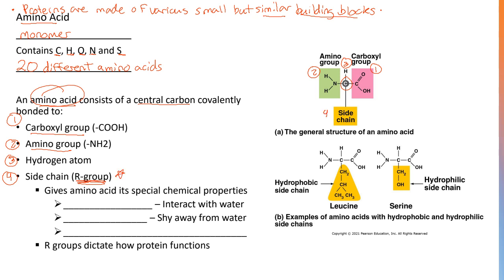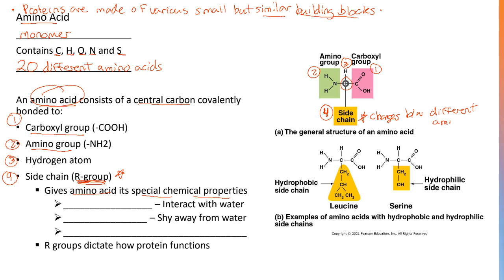The R group is what gives the amino acid its special chemical properties. All amino acids have a carboxyl group, an amino group, and a hydrogen. However, the R group is the only thing that changes between different amino acids.